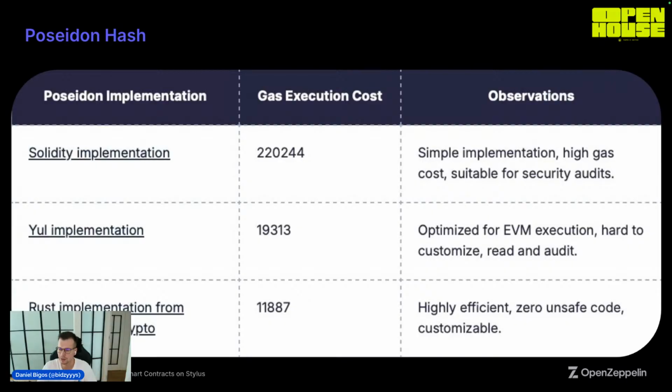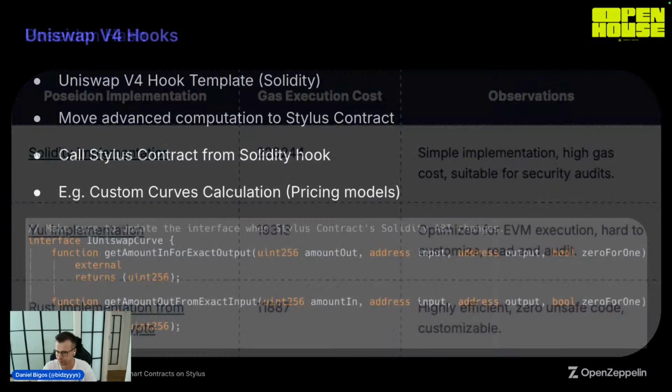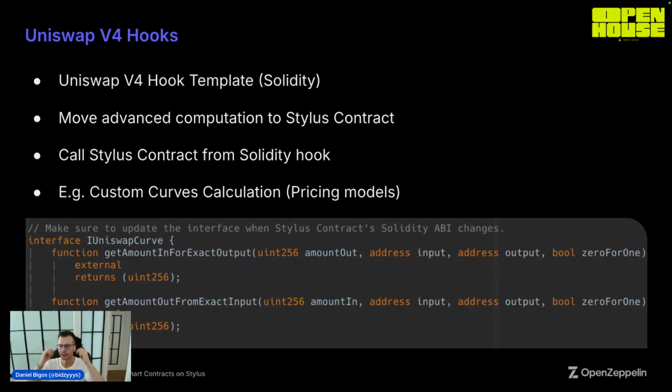So just to summarize, Stylus is a great fit for solutions with complex, sophisticated algorithms, a lot of computations, and stuff like that. Another use case that can quickly come to mind is something around Uniswap v4 hooks. One example showcase can be building your own pricing model, a custom pricing curve.